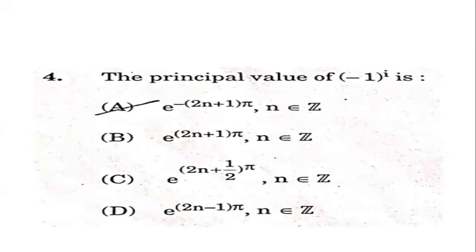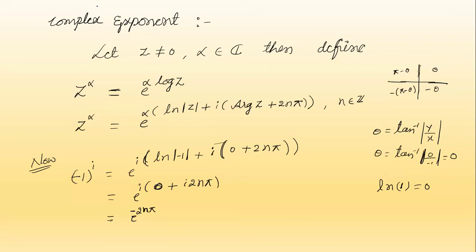Next, the fourth question. The principal value of (minus 1) raised to i is, see, this is a complex exponent, or the exponential form of a complex number. Let z not equal to 0, that means complex number z is equal to x plus iy. Here alpha belongs to the complex numbers. Then define z raised to alpha is equal to e raised to alpha log z.